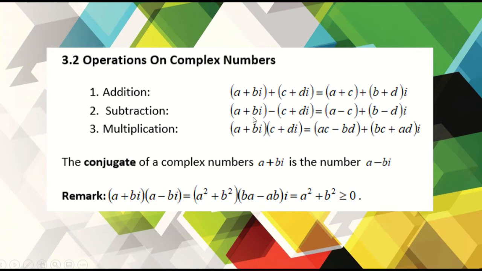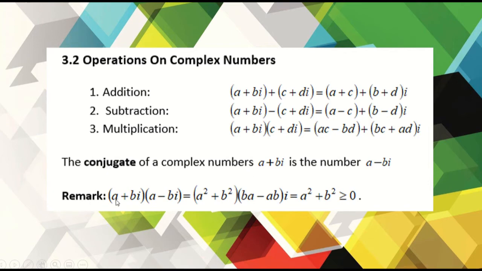A plus bi quantity minus c plus di quantity is equal to a minus c quantity plus b minus d quantity times I. In multiplication, a plus b times I quantity multiplied to c plus d times I is equal to a times c minus b times d quantity plus b times c plus a times d quantity times I. The conjugate of a complex number a plus bi is the number a minus bi.